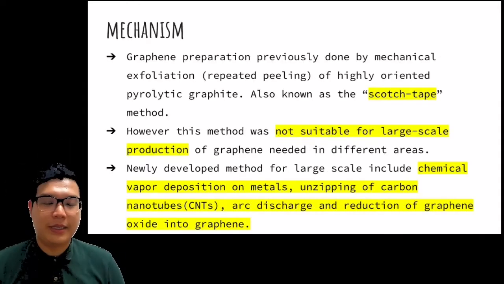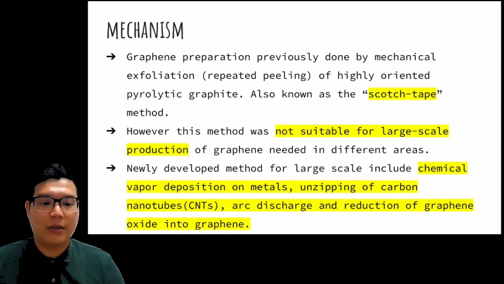My name is Arif. I'll be explaining about the mechanism of graphene as a biosensor. Now, graphene preparation was previously done via mechanical exfoliation, which is the repeated action of peeling highly oriented pyrolytic graphite. This method is also known as the scotch tape method.